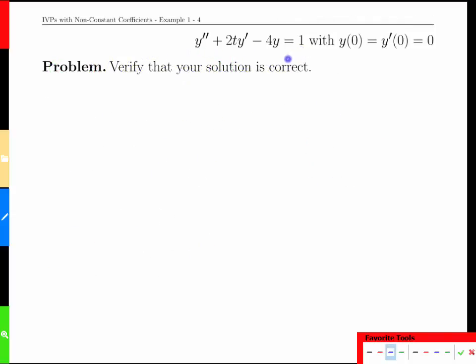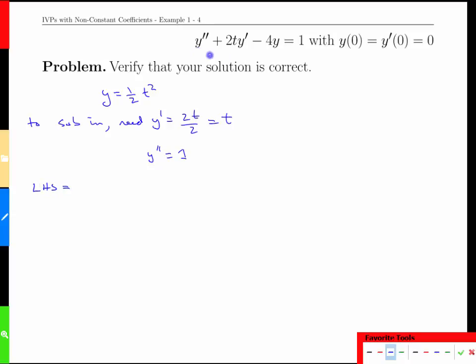We started off with this differential equation, and we're proposing that y equals 1/2 t squared is our solution. To sub that in, we're going to need y prime, which is 2t over 2, which is just t, and we're also going to need y double prime, which would be simply 1. All right.